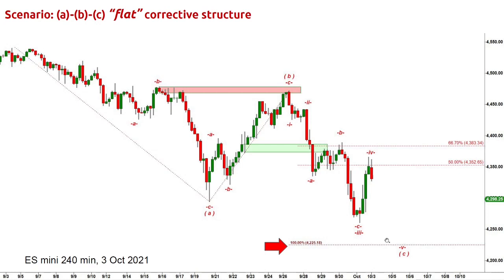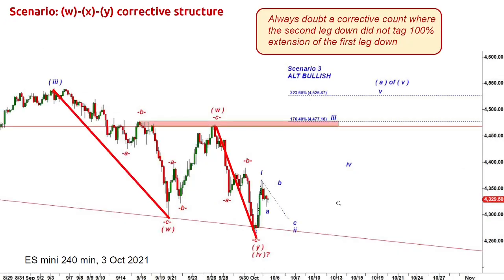It would extend to 123.6%, so it would be 23% longer than the first leg down, or even to 176.4%, so it would be longer by 76% than the first leg down. So you need to see, once you have the full 5 wave down structure, the microstructure of that second leg down, and you keep monitoring those major extensions of the first leg down. This is how we normally are able to nail the completion point of the second leg down.